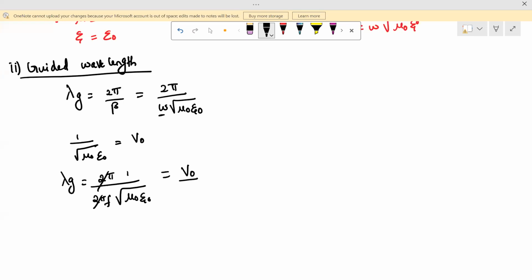So this can be written as V naught divided by f. V by f can be taken as lambda. So this can be written as equal to lambda, which is nothing but wavelength of free space. So for TEM waves, lambda g, guided wavelength is equal to lambda, which is nothing but the wavelength of free space.